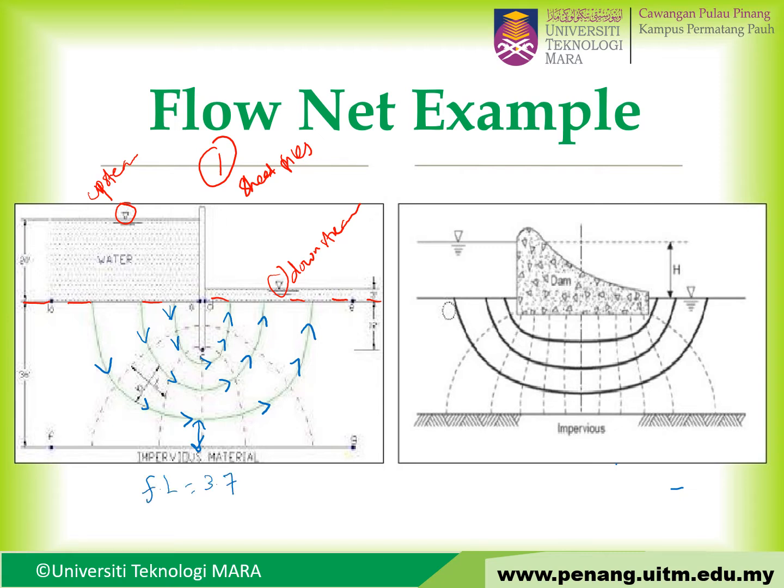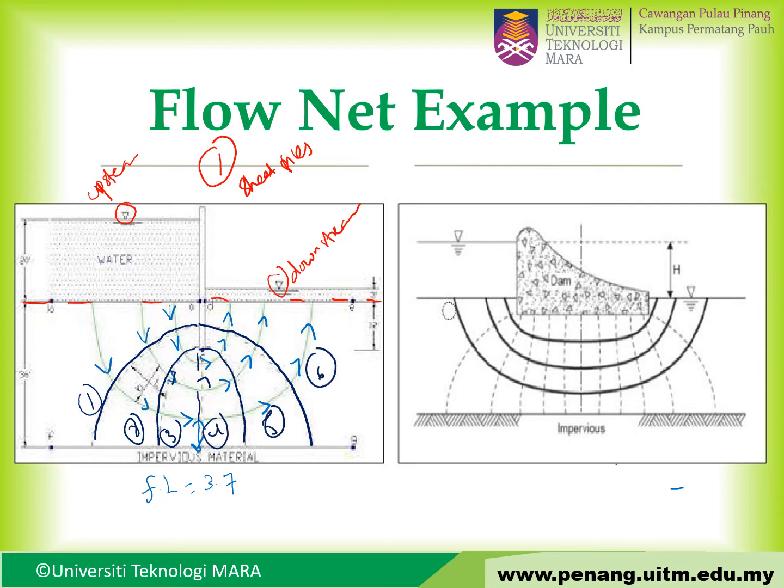How about the equipotential lines? If you see here, this one is 90 degrees. You have to draw the equipotential lines. For example here, 1, 2, 3, 4, 5, 6.